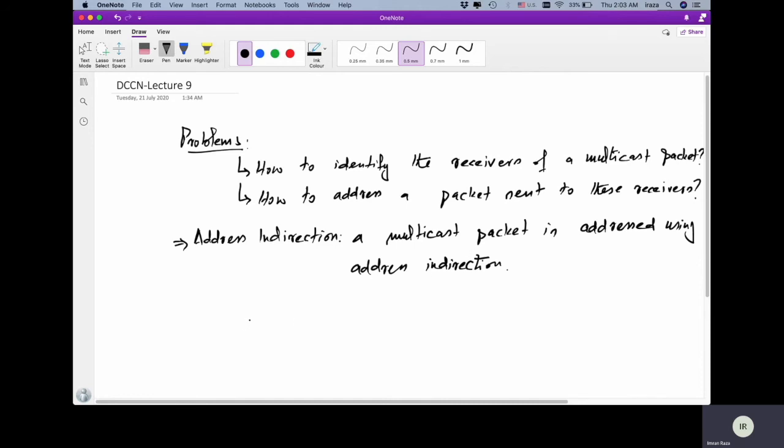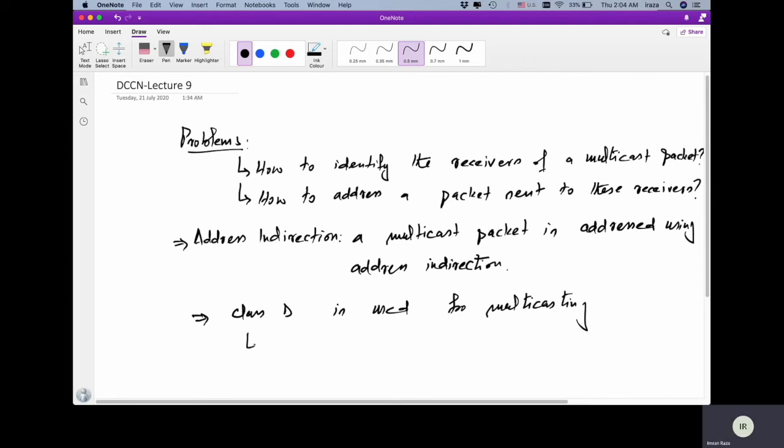As we have covered this earlier as well, class D is used for multicasting. We use an address of class D to refer to a multicast group. Right?